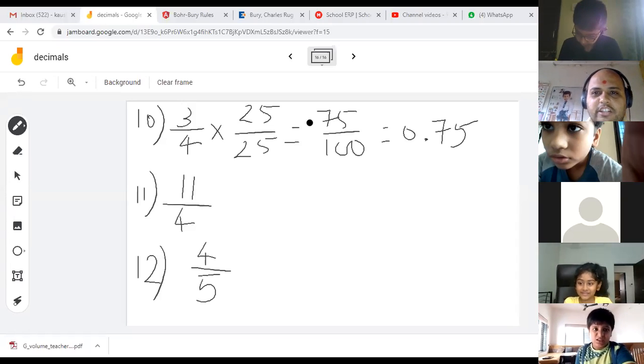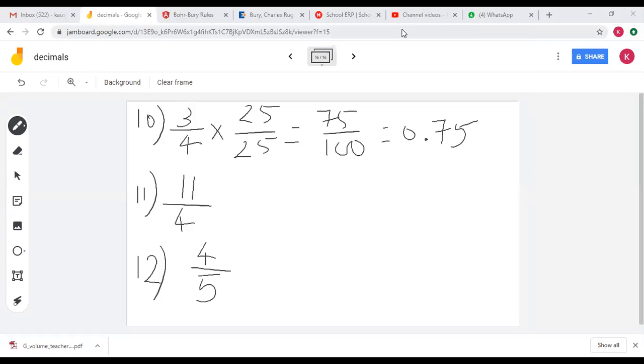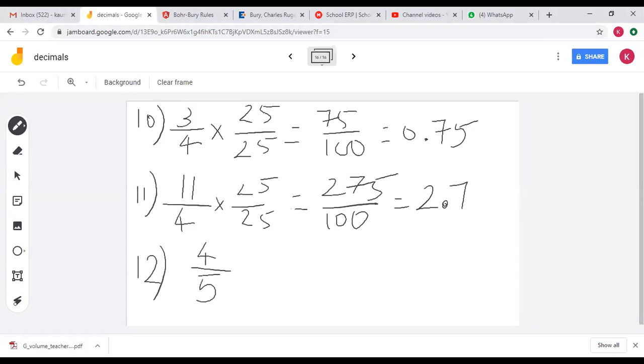Anya, Mahir, Rija, good job. You'll have to multiply it with 25 upon 25. So 25 11s are, you have to find, 25 times 10 is 250, plus 25. So 250 plus 25 is 275 upon 100, which is equal to 2.75.